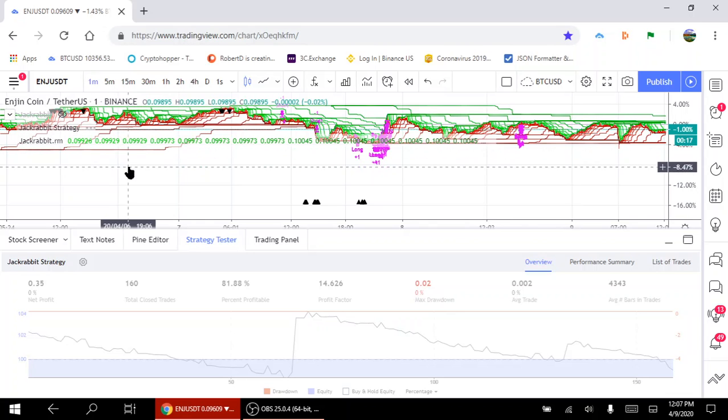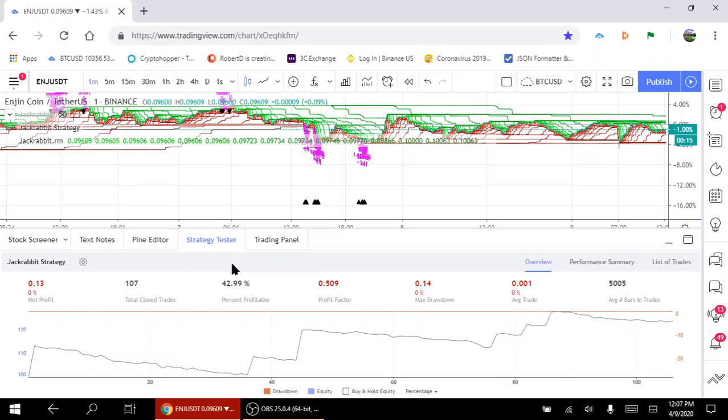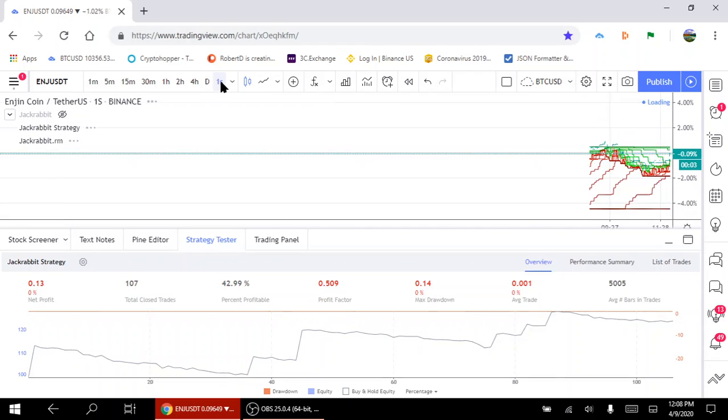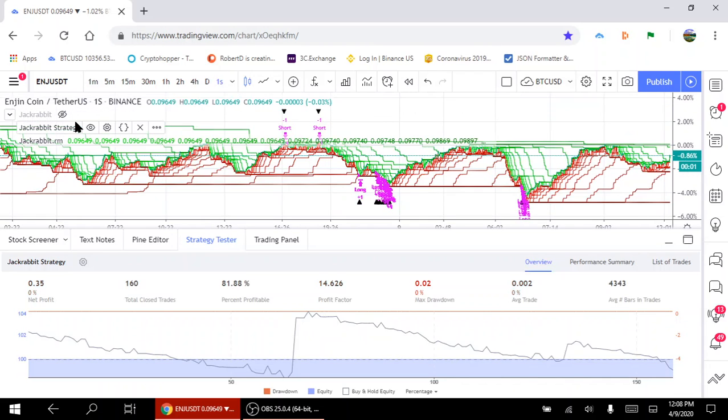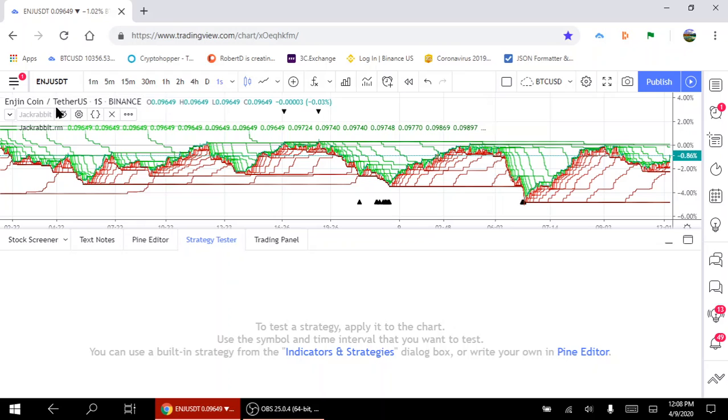The 1 minute intervals are actually quite nice, but it's a loss, as you can see. It can be tuned, of course, but that's something that you should go through and actually look at as you progress.